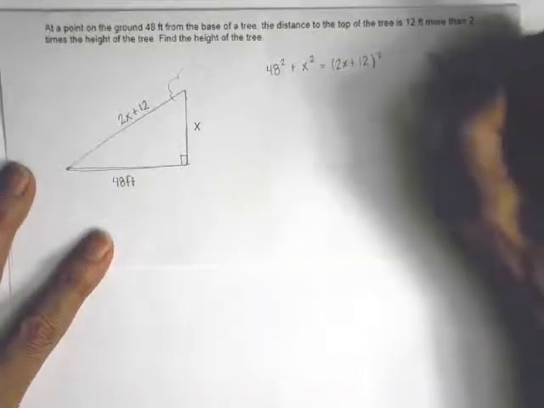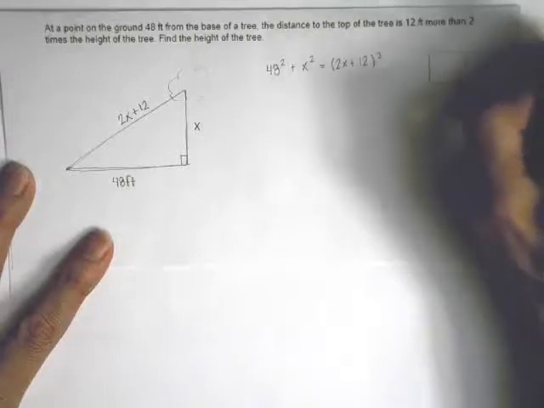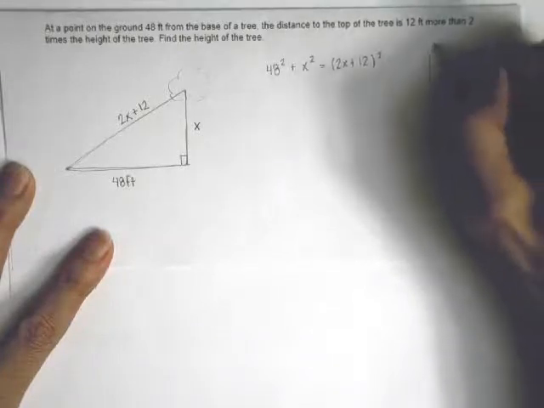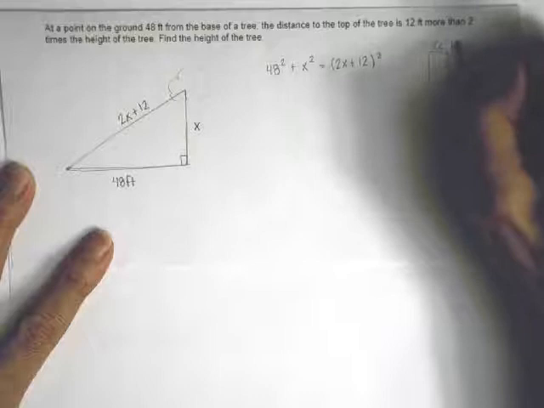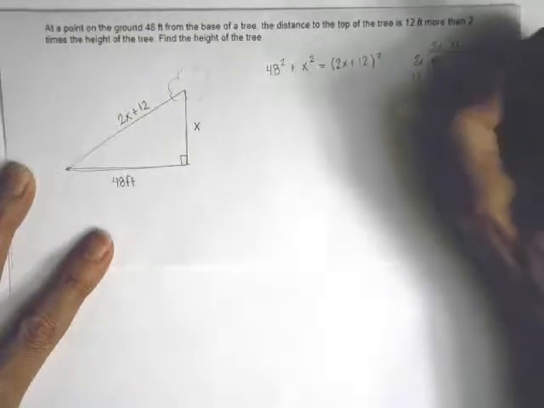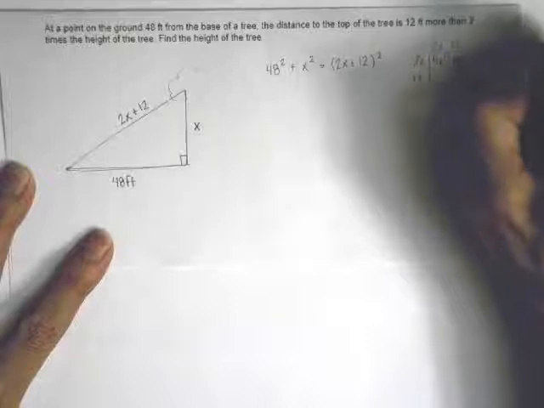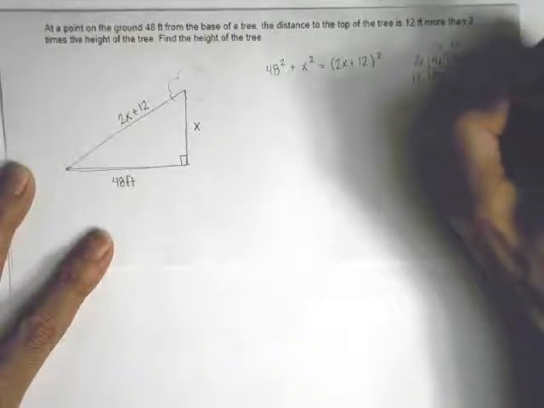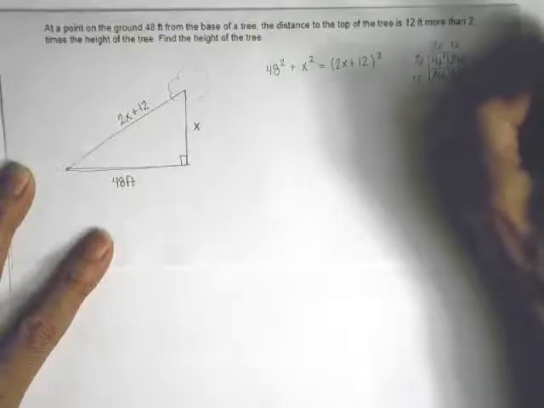So this problem right here, I'm going to make a little rectangle. We know that this is 2x and 12, 2x and 12. So this gives me 4x squared, 24x, 24x, and 144.